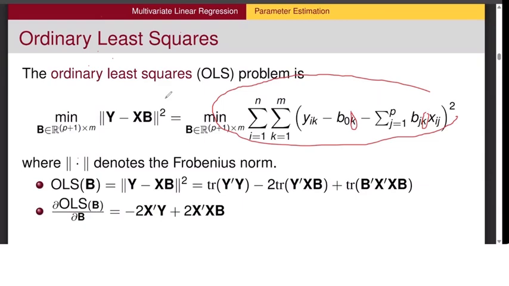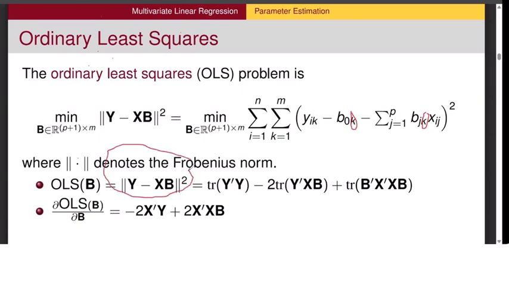Okay, in matrix form, this is it. Now, what I'm going to do is differentiate with respect to B. Another way I can rewrite this is, if you expand it, y minus xb, transpose, multiplied by y minus xb.